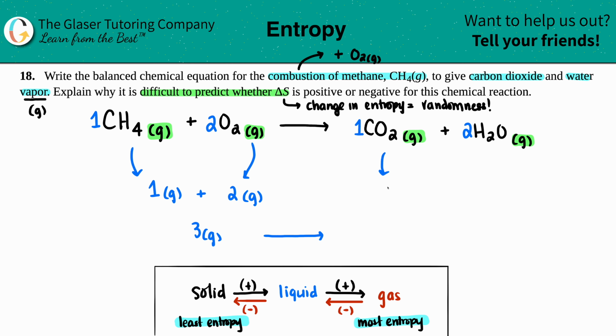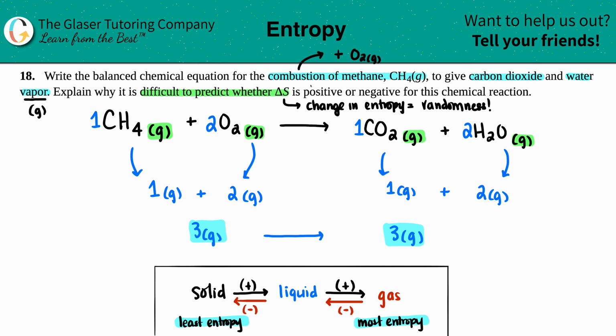So I have 1 gas plus 2 gases. You could probably see where this is going. 1 gas plus 2 gases is a total of 3 gases. And to me, I can't really tell a difference. I have 3 gases starting off, and I'm ending with 3 gases, right?